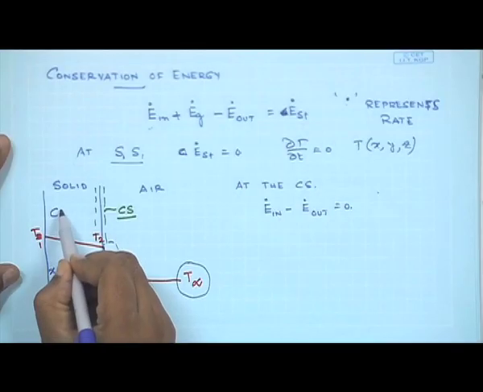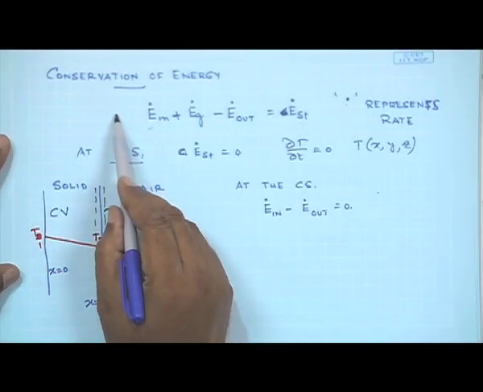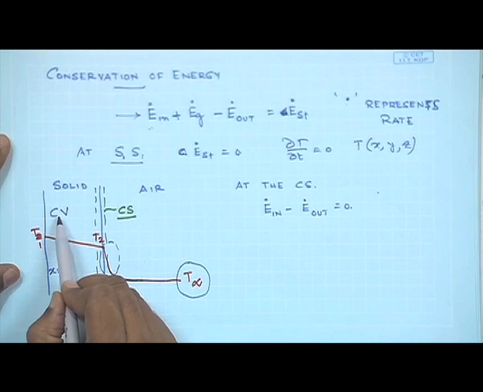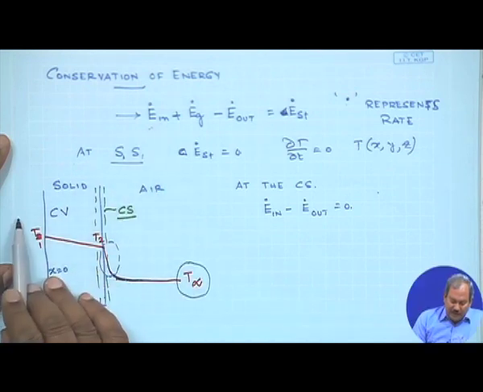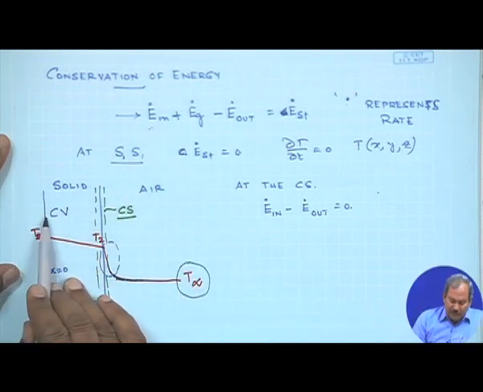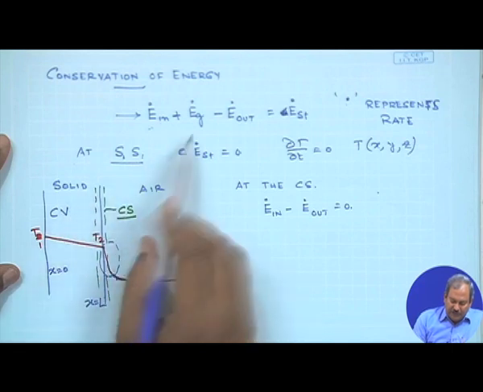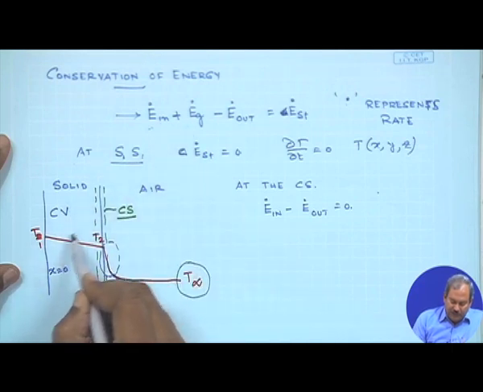But coming back to the problem that we were discussing, if this is my control volume, this expression applies to the control volume. So E dot in, the amount of energy which comes from the left of the figure, plus E dot G, if this is a nuclear fuel element, then some amount of heat would be generated.